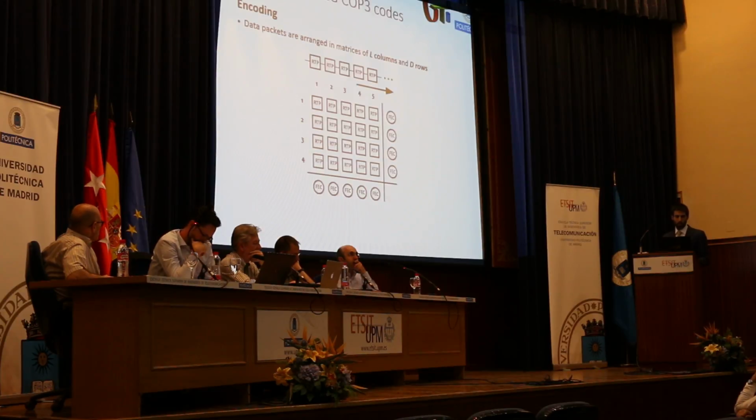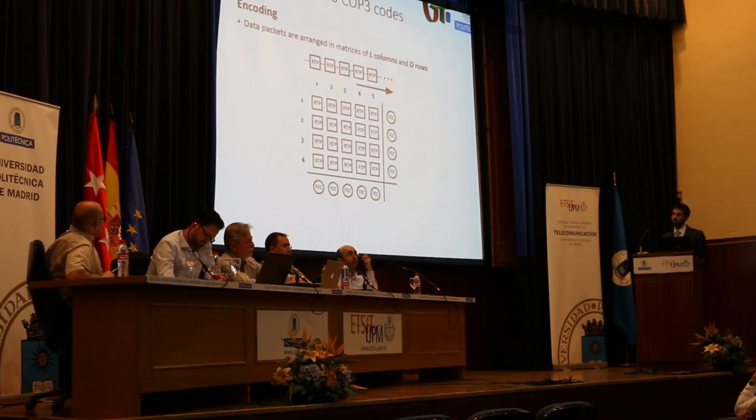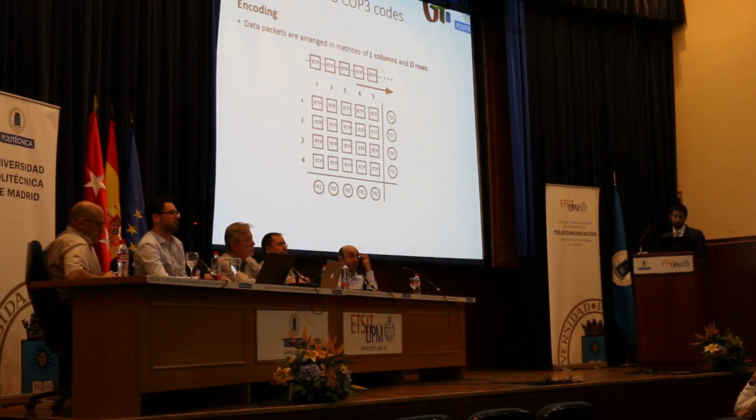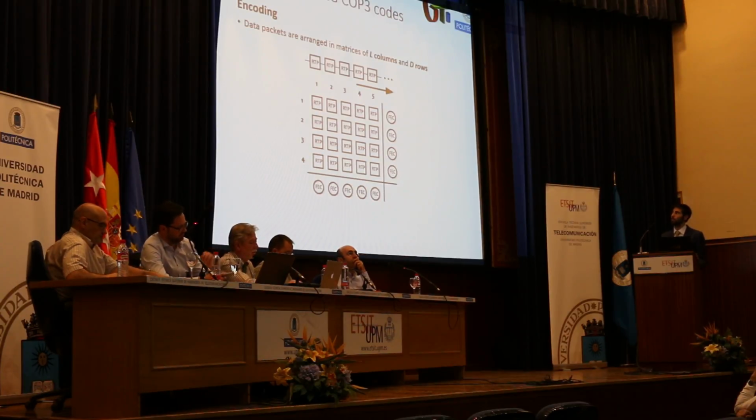So now I'm going to explain how these standard COP3 codes work. First we have the encoding procedure, in which we select K packets out of the stream and arrange them in one single matrix of L columns and D rows in the following way.